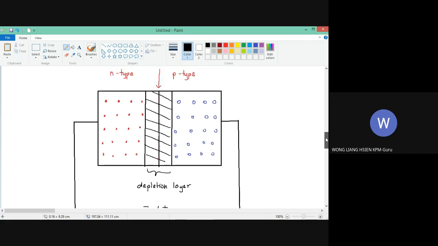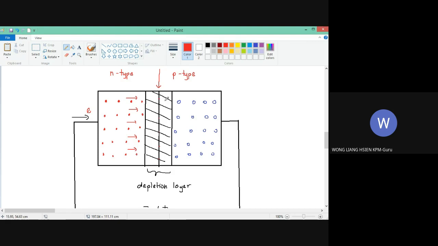So the negative side repels the electron, and the electron will move towards the depletion layer. It will be able to push the electron out of the hole, because the electron now has more energy, got energy supply.